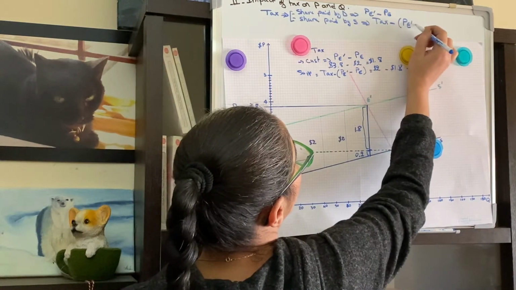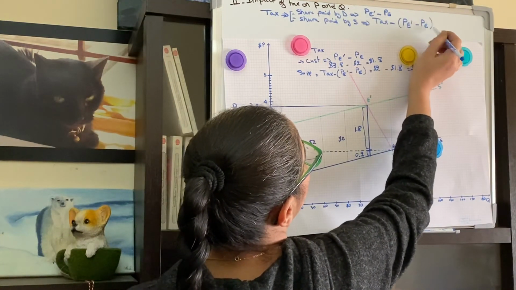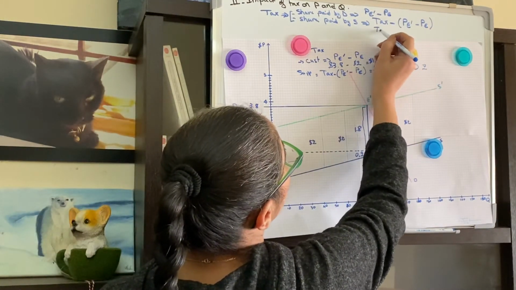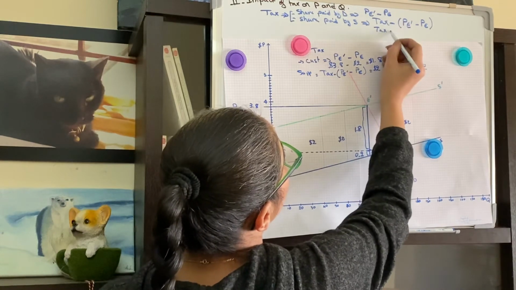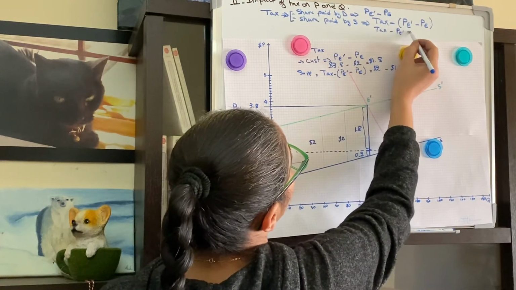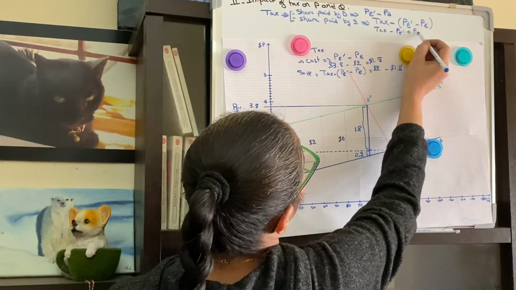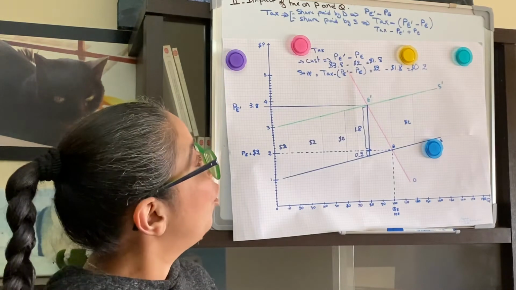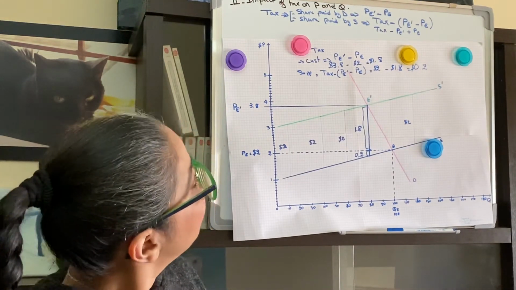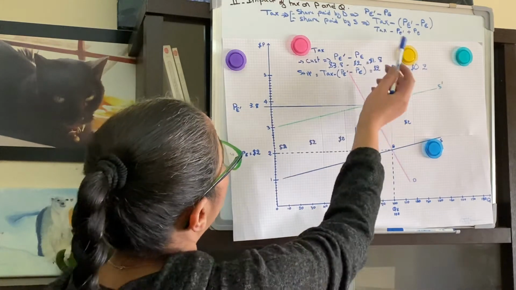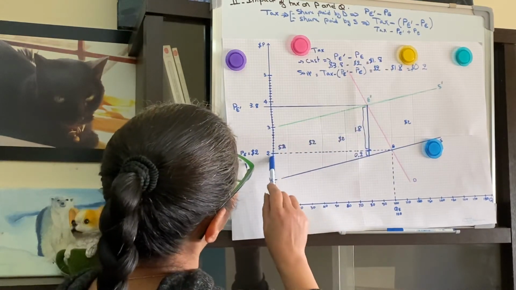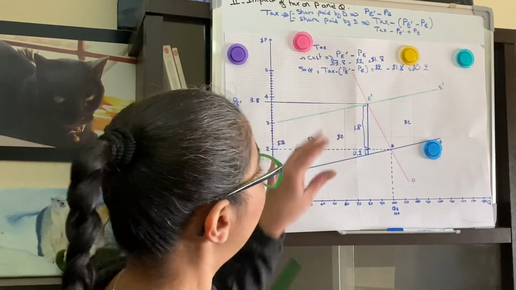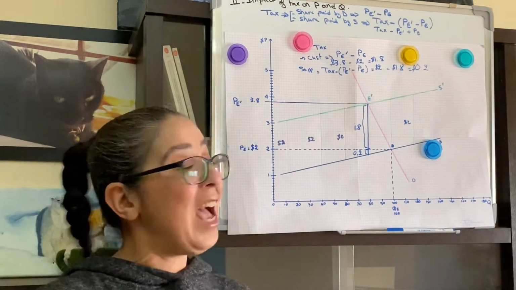Don't forget the parentheses. If you want to do it directly, avoiding mistakes due to the minus sign, it's minus PE prime plus PE. I hope you got it. Let me try this one: $2 minus 3.8 plus 2, it's exactly that. Is this clear? I hope it is.